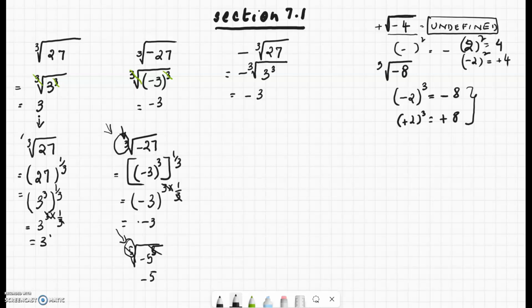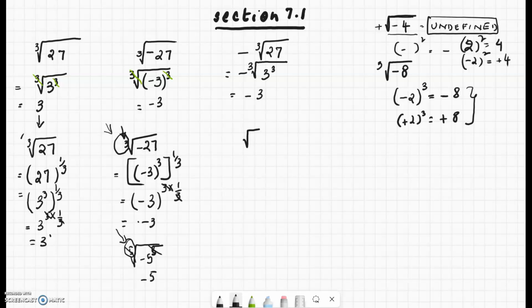The cube root is like the 3rd root, the 5th root, the 7th root, and so on. But if it's the 2nd root, which is the square root, the 4th root, the 6th root, and so on, it doesn't work. It's undefined when the inside is a negative number.